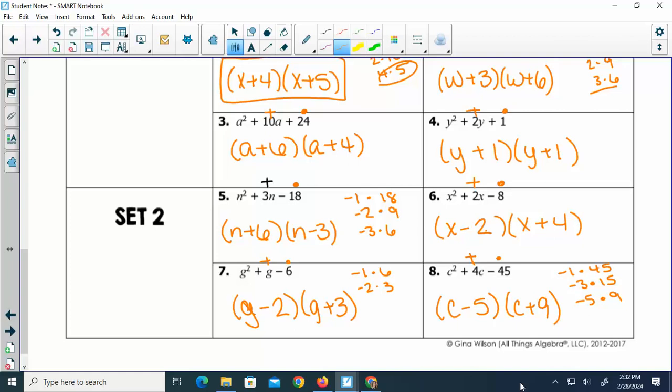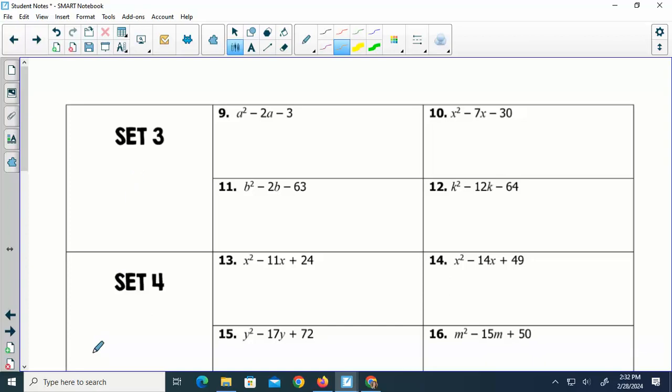Okay, questions so far? Let's look at the next one. So what do these have to multiply to? Multiply to -3. And this time I have to add to a -2. So what does that tell you?